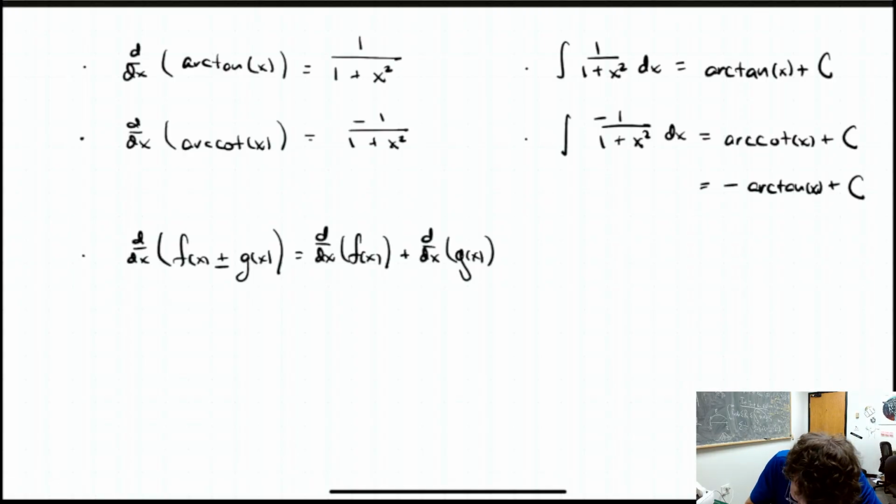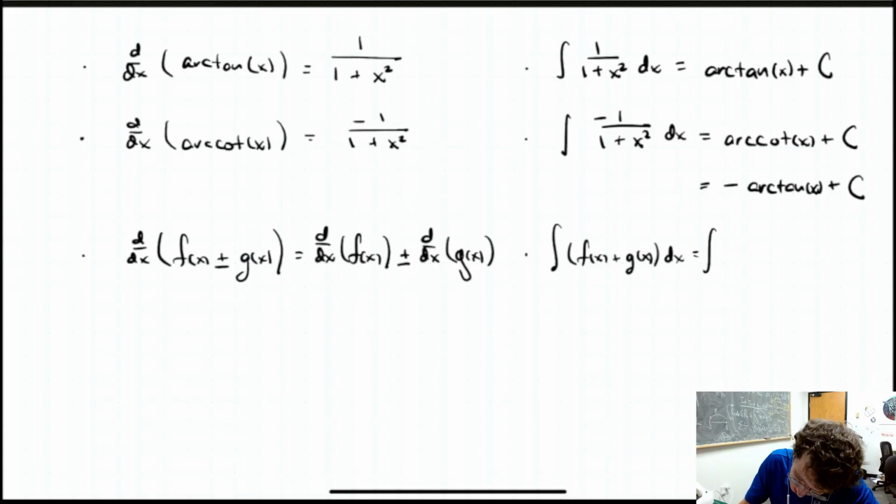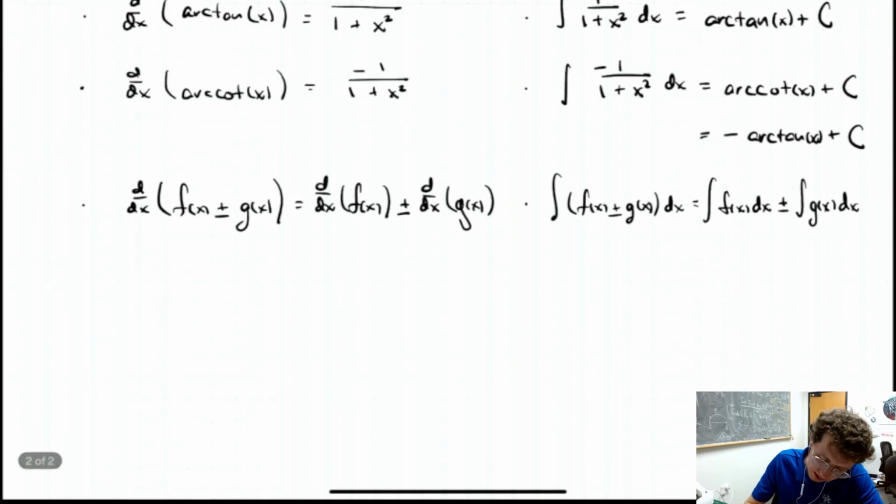And the derivative of a difference is the difference of the derivatives. And the same is true for antiderivatives. The integral of the sum is the sum of the integrals. And the integral of a difference is the difference of the integrals.